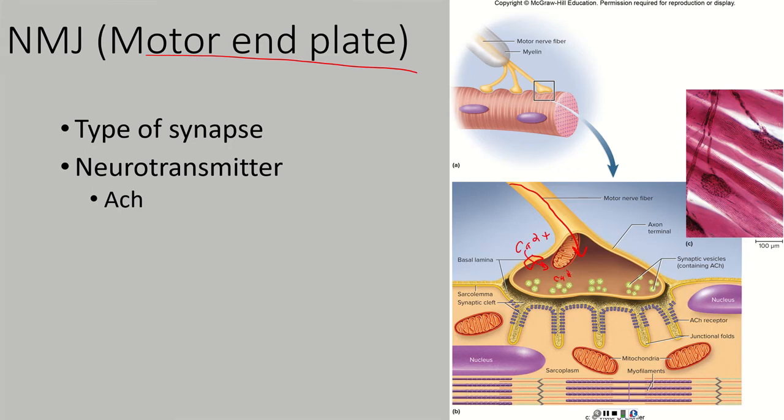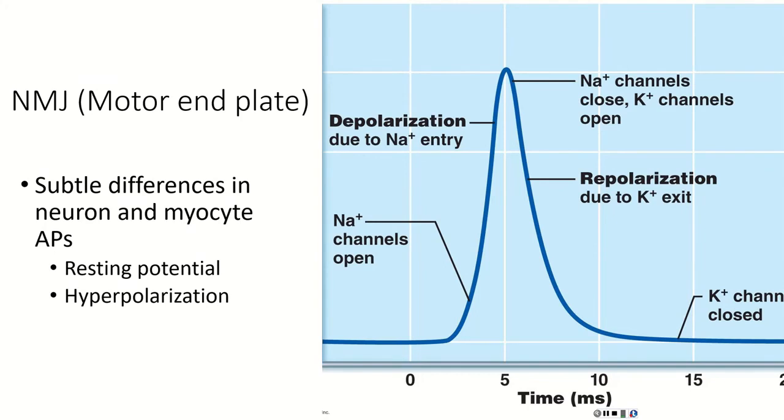Calcium binds to vesicles. Those vesicles release acetylcholine, and acetylcholine travels across the synaptic cleft and binds to those ligand-gated channels. Once that happens, we're going to get a voltage change in the muscle.